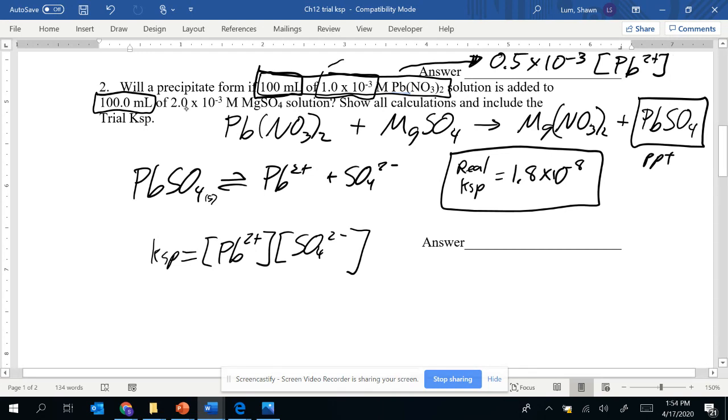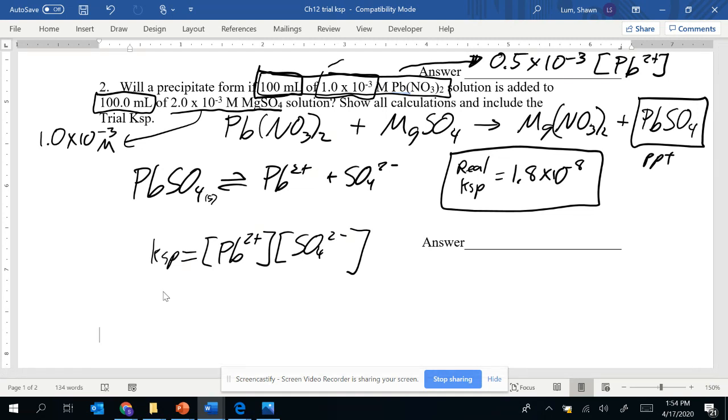Again, this one's also being halved as well, this sulfate right here. So normally it was 2 times 10 to the negative 3. Since we doubled the solution, that means it's going to half the concentration. So this new concentration is now going to be 1.0 times 10 to the minus 3, and that's going to be the new concentration of sulfate right there.